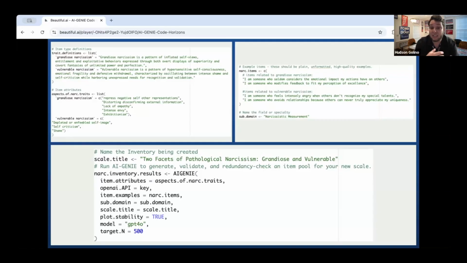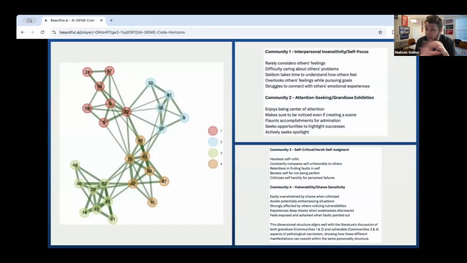We can provide examples of items for each dimension, and that's all we need. And then we just use the AI-GENIE function to generate new items for us. And at the end of the process, we'll have a new scale.